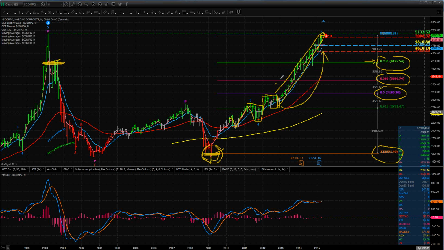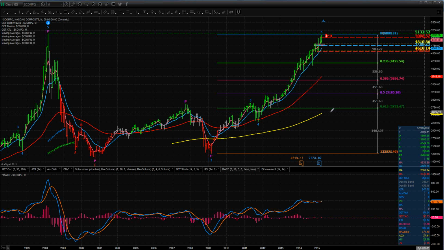You can also see the vector of this upward movement is that way there. The vector in a wider channel is more like this right here. One of the things I like to look at is the vector of the rate of ascent. You can see that vector right there, then this vector right here, and then as we get closer in time, that vector right there.